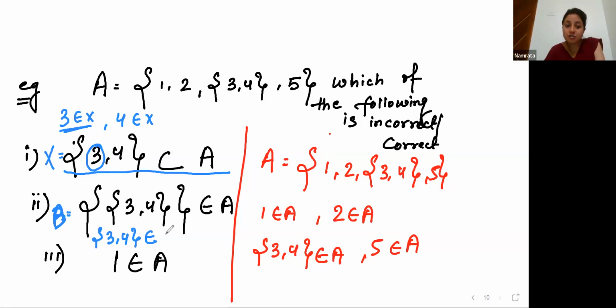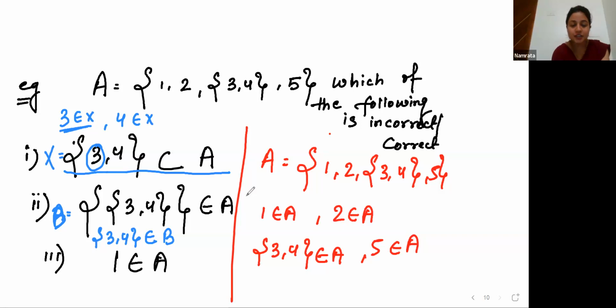So {3, 4} belongs to set B. Now let's check whether the same thing belongs to set A also or not. Yes, it belongs to set A also. Then and only then we can say that B. Here it doesn't say subset. It says that this belongs to A. So yes, it belongs to A.